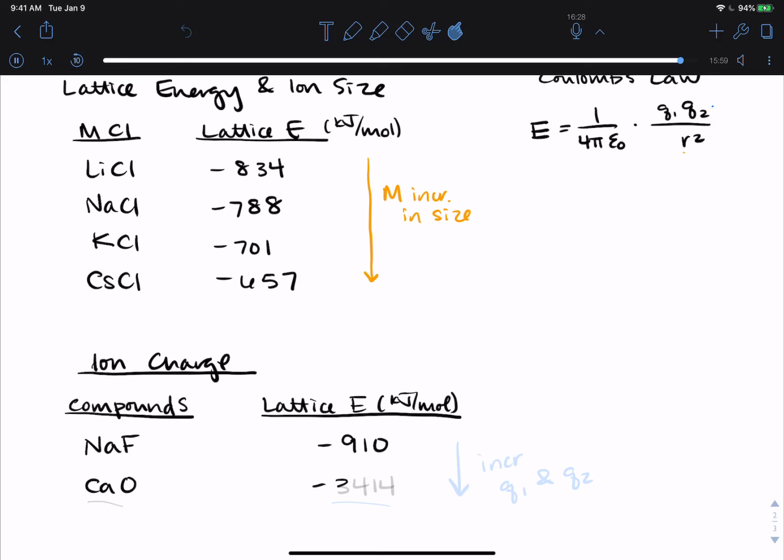It's negative 3,414. So this is all, right? All we've done is increase essentially Q1 and Q2 because we increased the cation and the anion charge. So it's making that energy of interaction much bigger. So you're getting a lot more heat off when you put together an ionic compound that has higher charges.